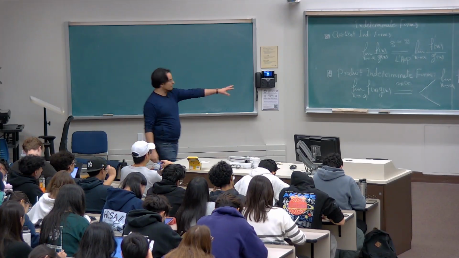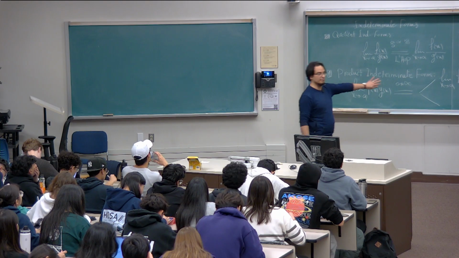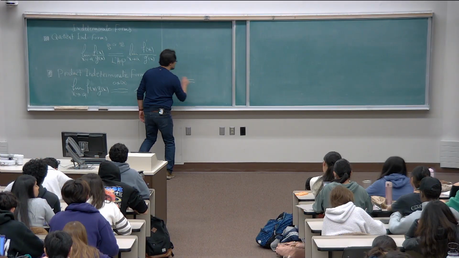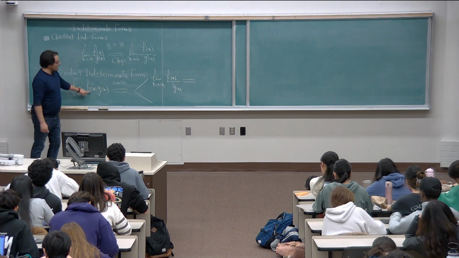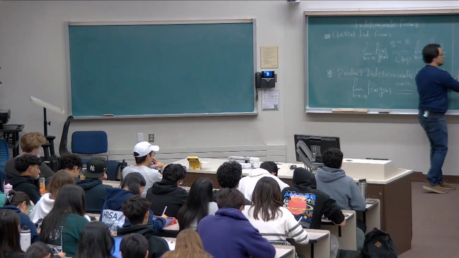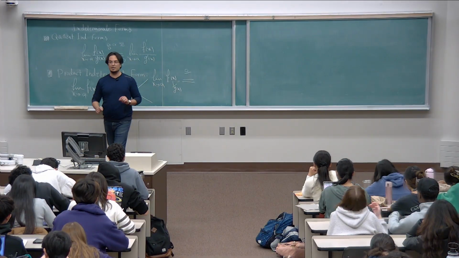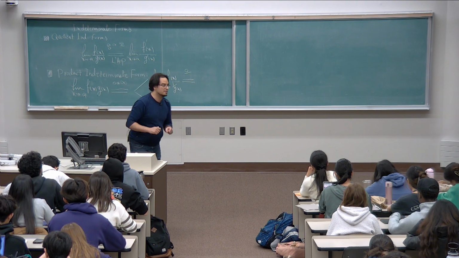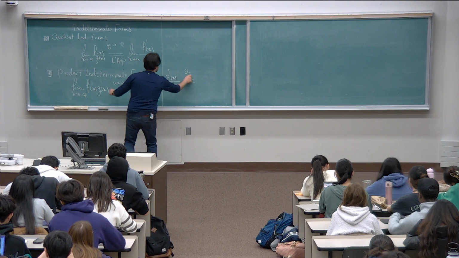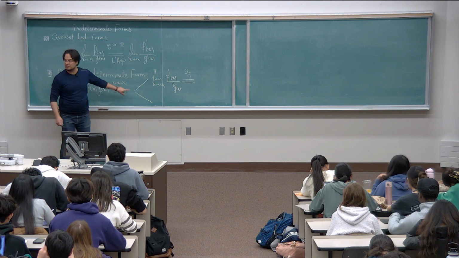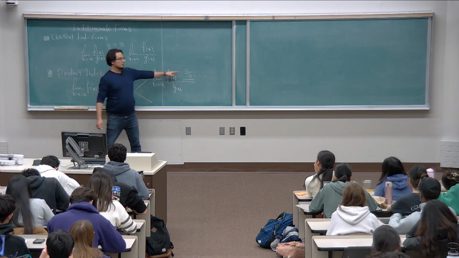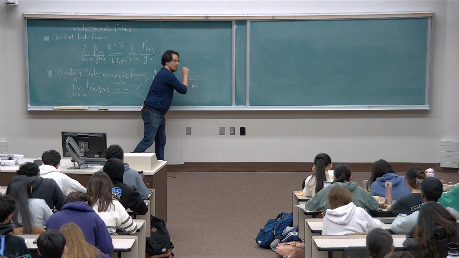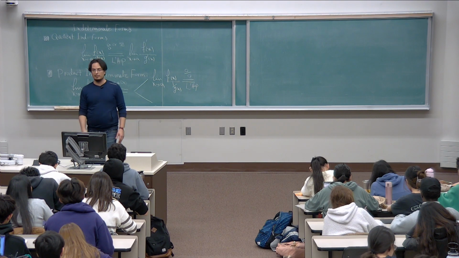Just simple algebra should show you that this is the same thing as f times g. But look what this does. The limit of the numerator f is 0. The limit of the denominator: g(x) goes to infinity, so 1 over g(x) will go to 0. I turned the 0 times infinity indeterminate form into a 0 over 0 indeterminate form, and I have the tool there. I can use L'Hopital.